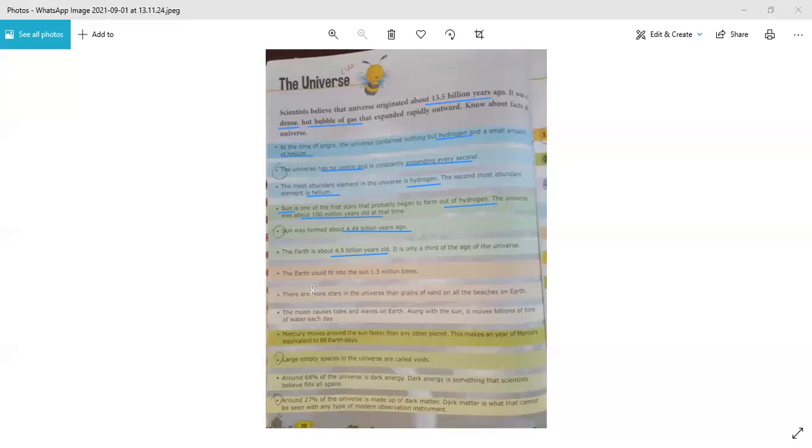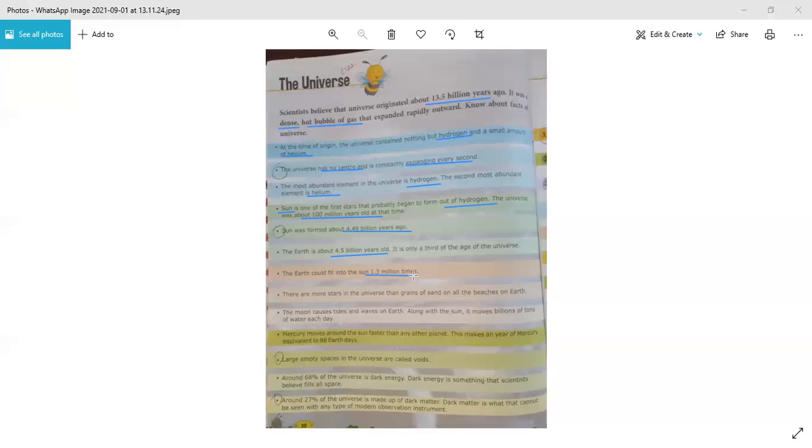It means the earth could fit into the sun 1.3 million times. You have to learn these concepts by heart; only looking at the screen or listening to me, you will not be able to learn. Then you have to do written practice and underline these concepts in your books also.